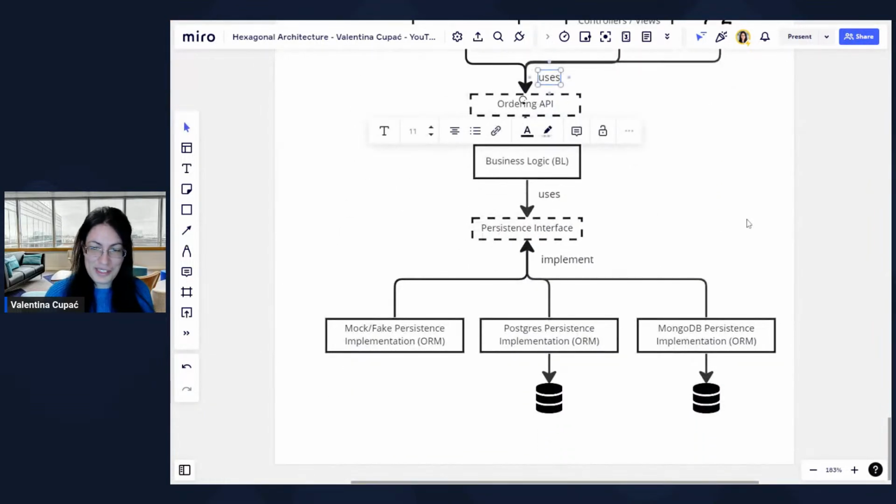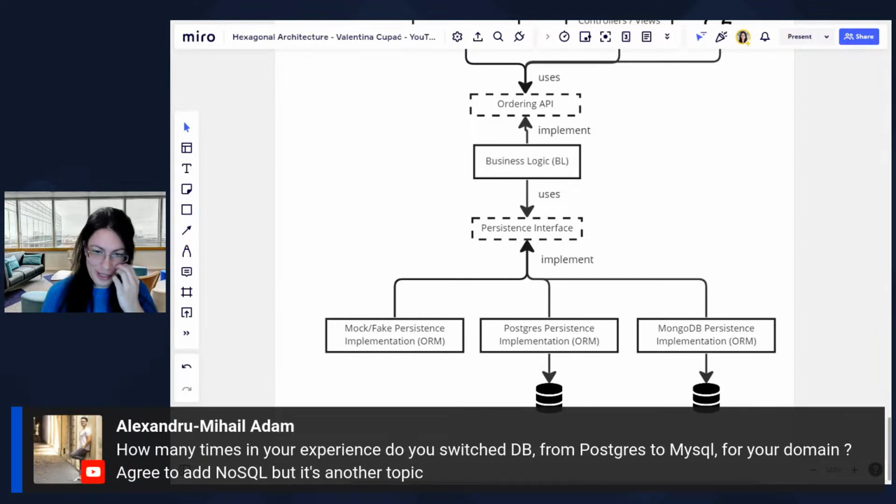Okay, now since we've done a lot of drawing up to now, I want to go back to chat to see where we are. I really like this question because I've seen it so many times. How many times in your experience do you switch database from Postgres to MySQL? I agree with this. I would say in terms of what is most common, using an ORM and then having to upgrade the ORM is a common issue.